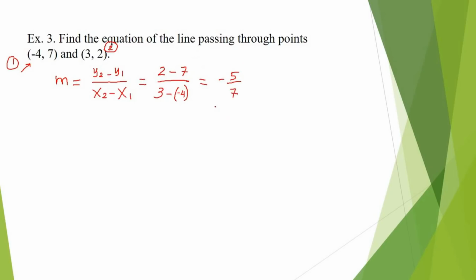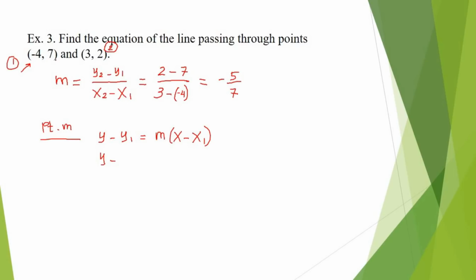Now, since we already have our slope, we can now again use the point slope form. So we have y minus y sub 1 is equals to m times x minus x sub 1. We can select any point.